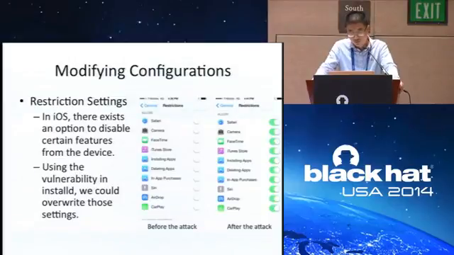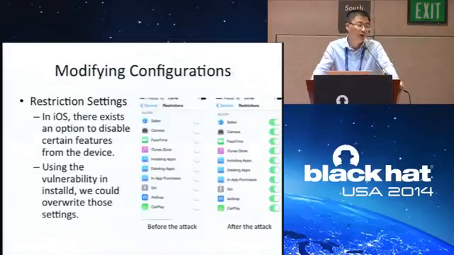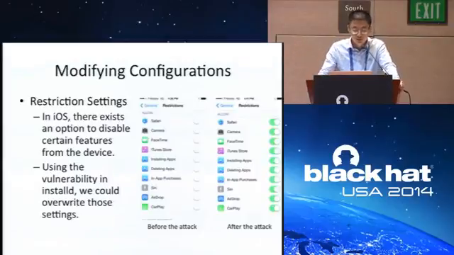And if you disable the removing apps functionality, that means you cannot remove any apps on your device. We located the configuration file for this feature, and we asked install-D to overwrite it. You can see two snapshots. The left one shows that before we launch the attack, all the functionalities are disabled.